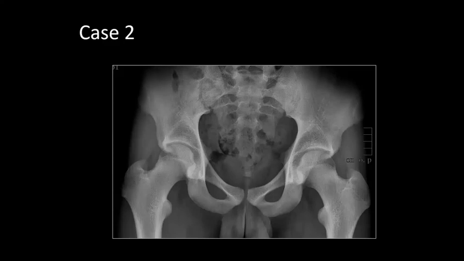Okay, do you see any abnormality in the acetabulum? The acetabulum looks to be pincer-like at the lateral aspect in comparison to the left femoral head. Acetabulum looks to be pincer-like.